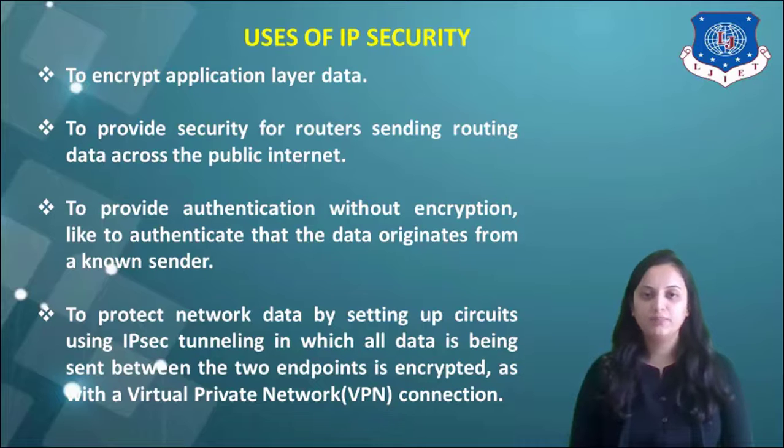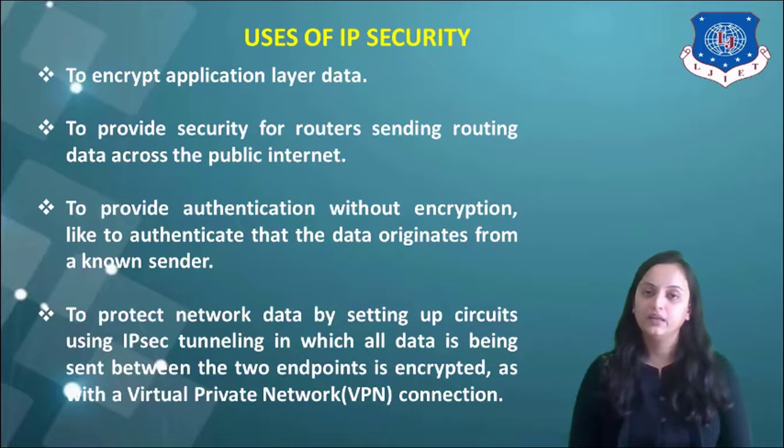Let us see the uses of IP security. The first is to encrypt application layer data. Second one is to provide security for routers sending routing data across the public internet. The third one is to provide authentication without encryption, like to authenticate that the data originates from a known sender.